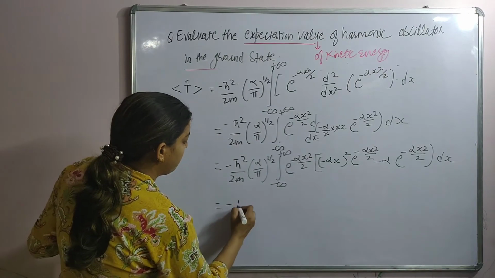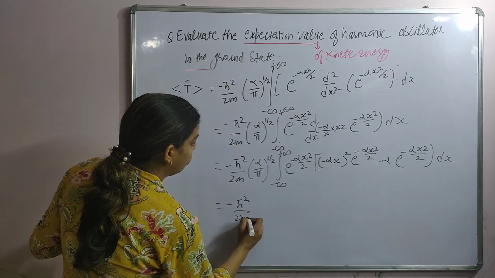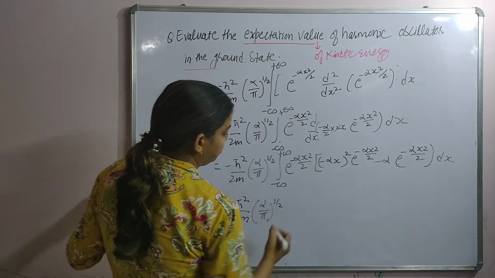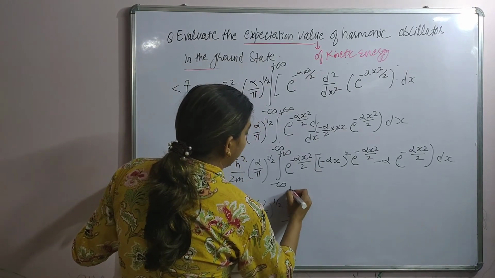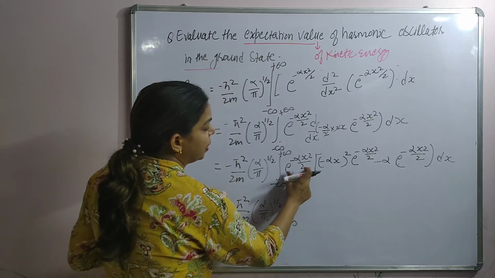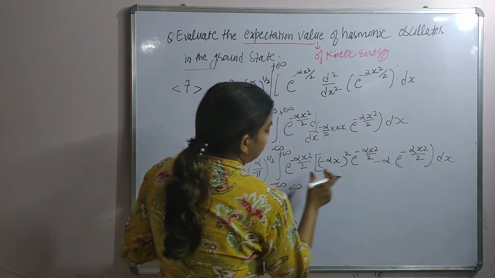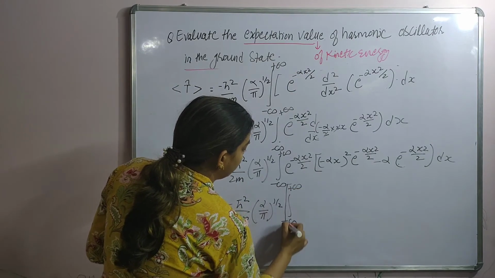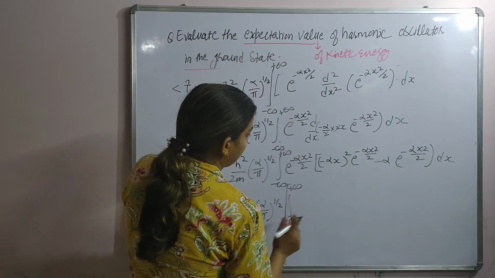Alright, minus h bar square by 2m, (alpha by pi) raised to 1 by 2, minus infinity to plus infinity. Multiply this factor inside, so we will have two terms.